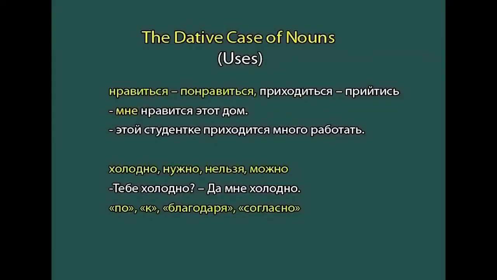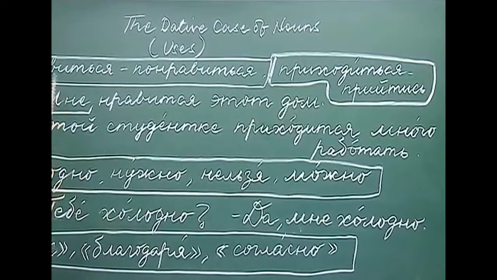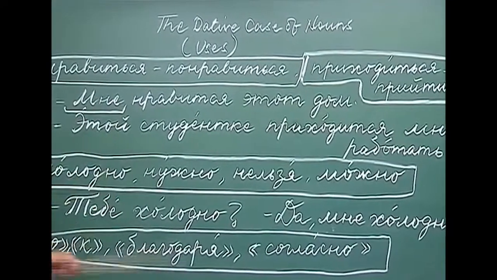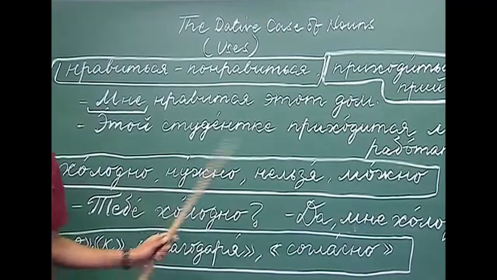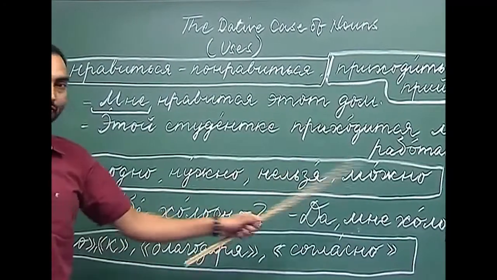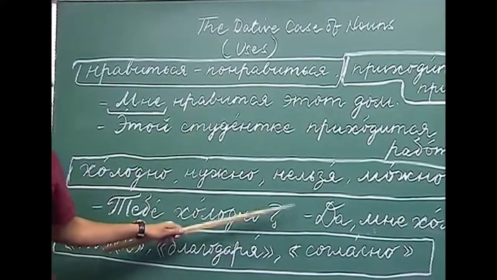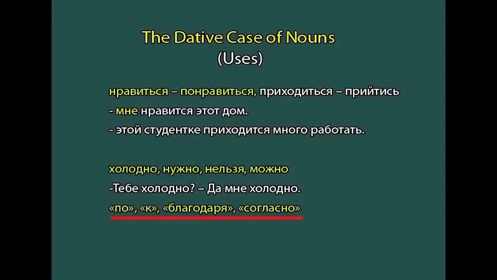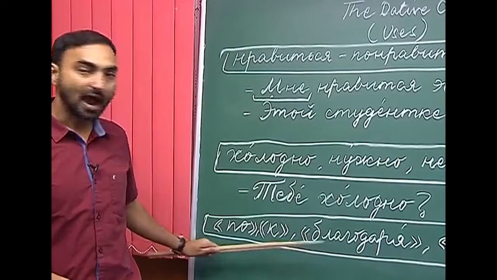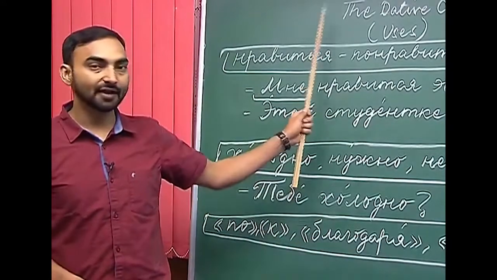So, these are the two uses we have discussed so far. The first is with the verbs nravitsa and prikhaditsa to denote the logical subject, and with the adverbs nushna, nilzya, moshna we use the dative case of nouns as the logical subjects. Now, there are certain prepositions after which we are supposed to use the dative case of nouns.